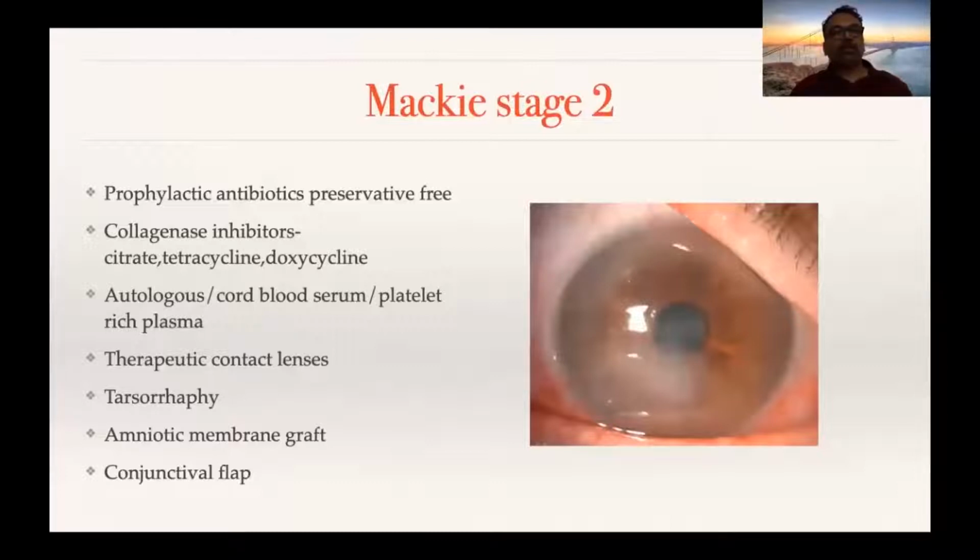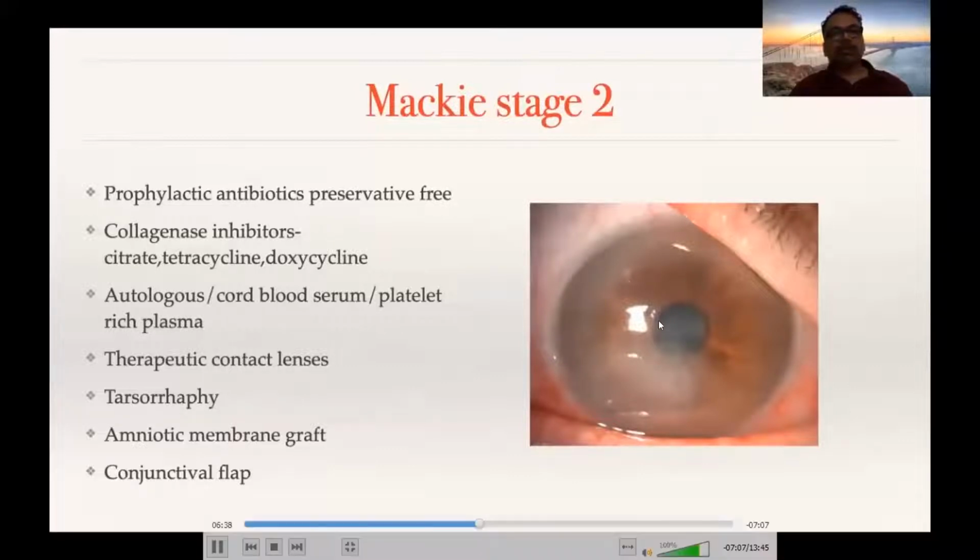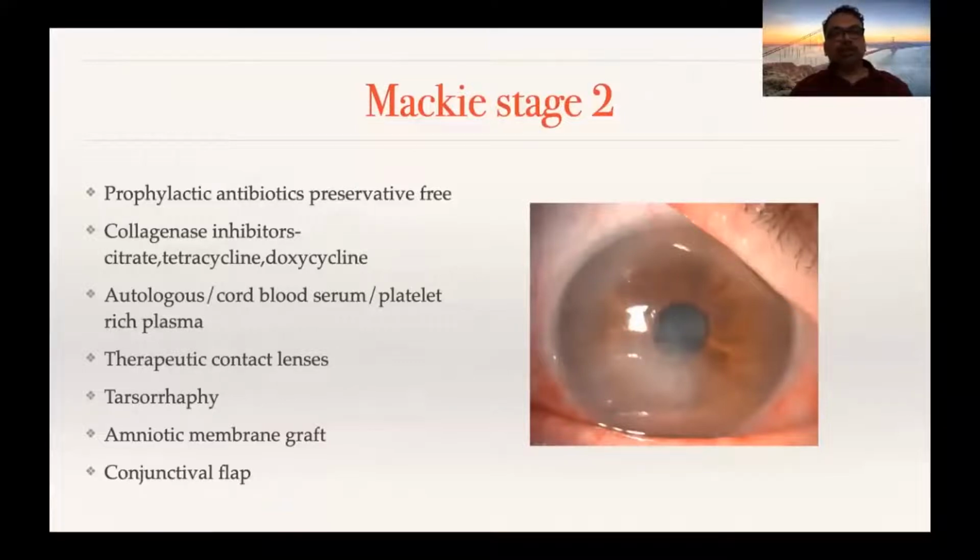In stage 2, preservative-free prophylactic antibiotics are to be started, along with collagenase inhibitors like vitamin C and tetracycline. Autologous or cord blood serum or platelet-rich plasma, which has growth factors along with cytokines and vitamins, are also effective. Therapeutic contact lenses, tarsorrhaphy, amniotic membrane graft, and conjunctival flap can also be tried in cases which are not responding.